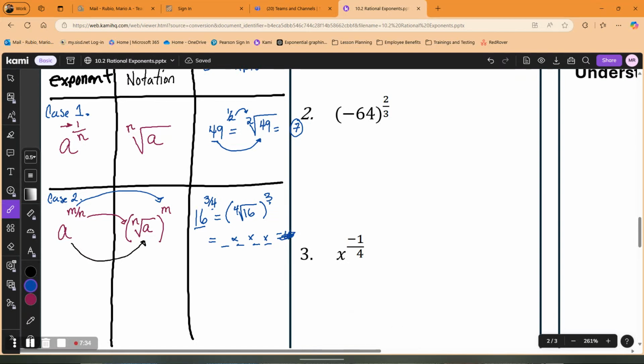So we kind of got to work a little bit backwards here and try to figure out what raised to the 4th power equals 16. Well, I've been doing this a long time and I can get it pretty quick. You guys might have to do a little trial and error. But 2 times 2 times 2 times 2 gives you 16, because 2 times 2 is 4, times 2 is 8, times 2 is 16.